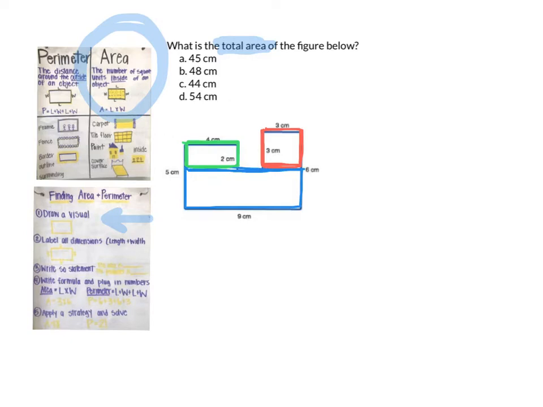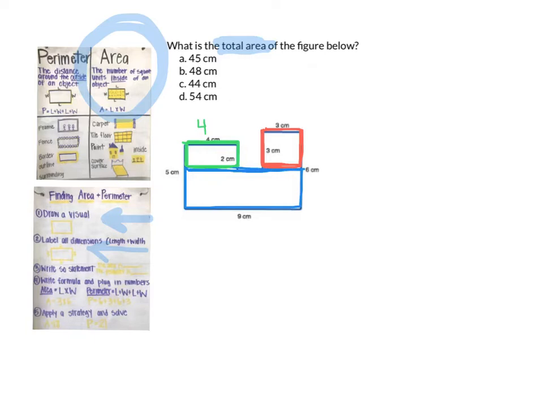So go ahead and decompose your shape to match mine. Okay, my next step is going to be to label all of my dimensions. When I'm looking at this shape, I notice some dimensions are labeled, but not all of them. I'm going to start with my green rectangle. I already see a 4 labeled here. Something that we need to remember with rectangles and squares is that opposite sides are congruent.